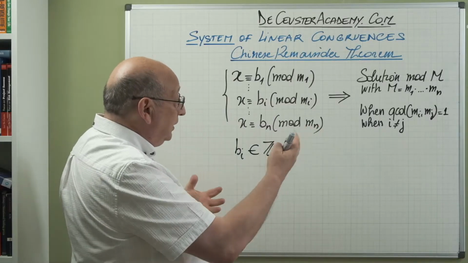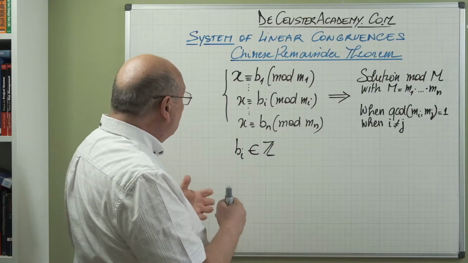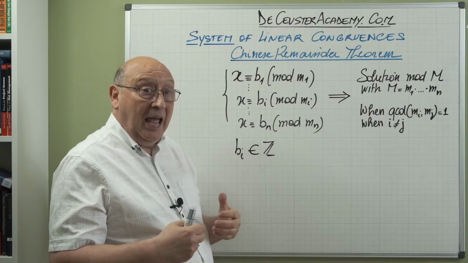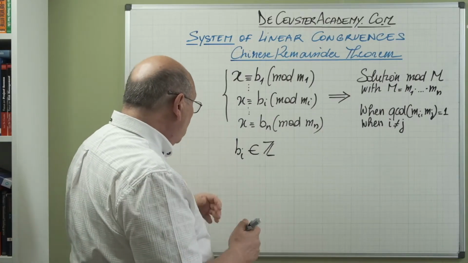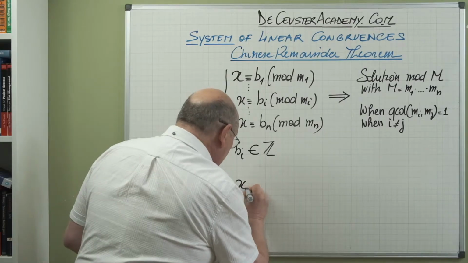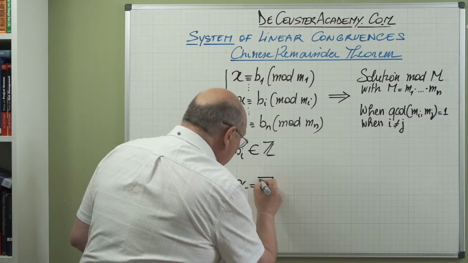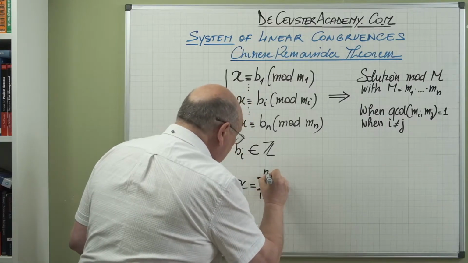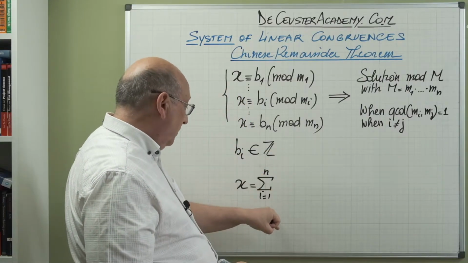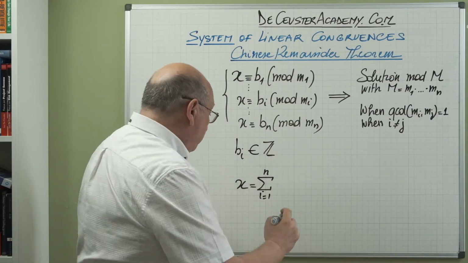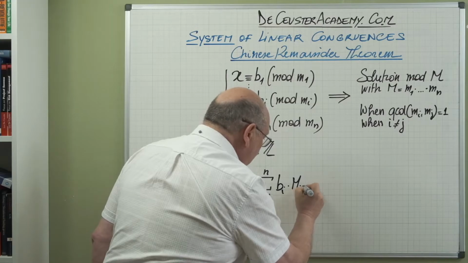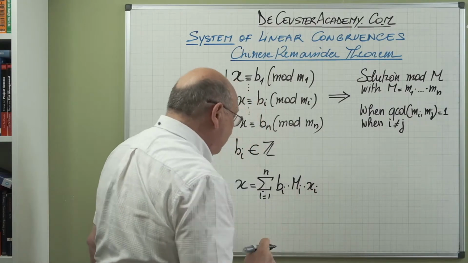And of course, when we have this system, we can prove that there is a solution when all those moduli are relatively prime, and that solution can be expressed as x is the sum for all the different equations from i to n of bi times Mi times xi.